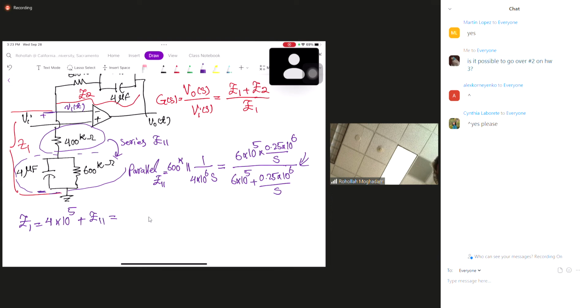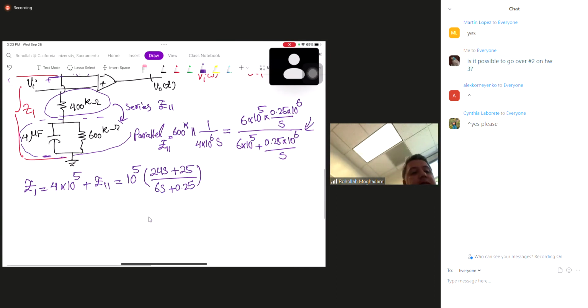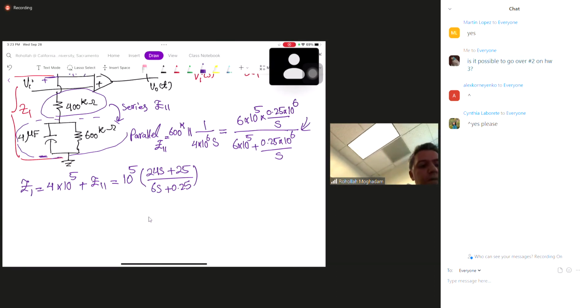And if you do some calculation or simplification here, we'll have 10 to the 5 times (24s plus 25) over (6s plus 0.25). All right, so that is Z1 of s.